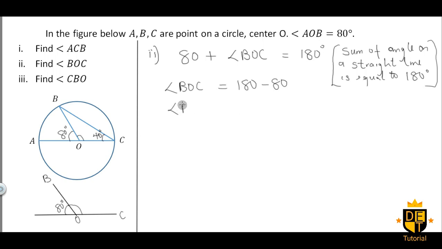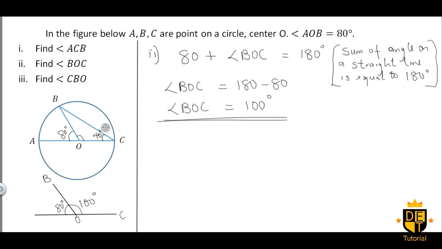So my angle BOC will be equal to 180 minus 80, which gives 100 degrees. This is my answer. Angle BOC is equal to 100 degrees. If you add the two together, you will have 180.